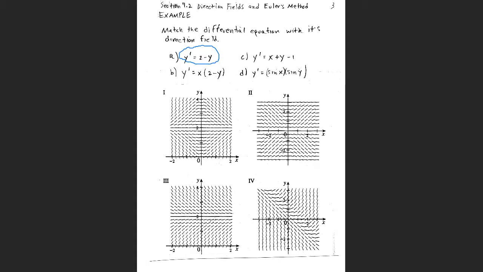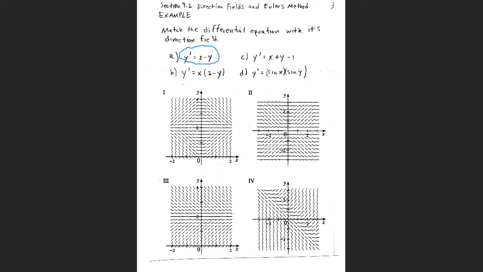But maybe I can think of a nice value that could help me. What if dy/dx equals 2 minus y, what might be an interesting value of y? What might be a very interesting value of y that we could think about?